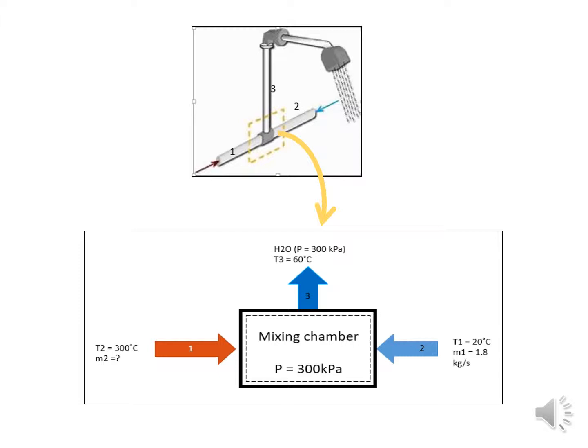Given that at point 3, P equals 300 kilopascal, T3 equals 60 degrees Celsius. At point 1, T1 equals 300 degrees Celsius, and point 2 you are going to find. At point 2, T2 equals 20 degrees Celsius, m2 equals 1.8 kilogram per second.